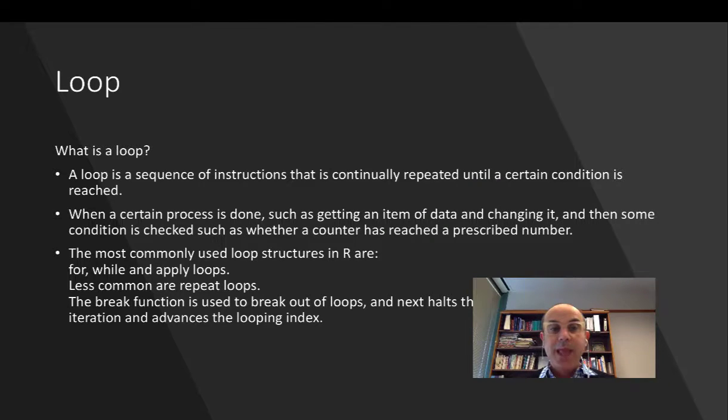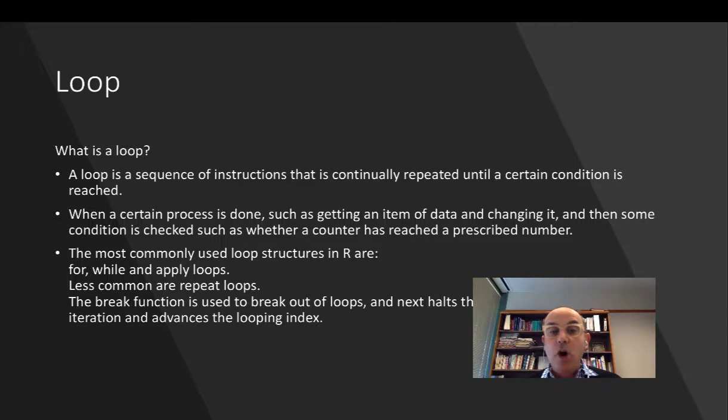Next, the loop. A loop is a sequence of instructions that usually repeats until a certain condition is matched. So a certain process is done, such as getting the item of data or changing it, and then a condition is checked to see if the counter has reached what you have tried to achieve.